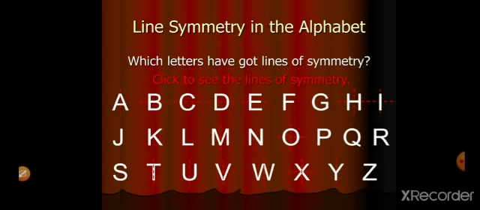If you try to draw a vertical line of symmetry on the letter J, you will divide it, but J is not divided into equal parts. It means some letters in the alphabet do not have any kind of line of symmetry.